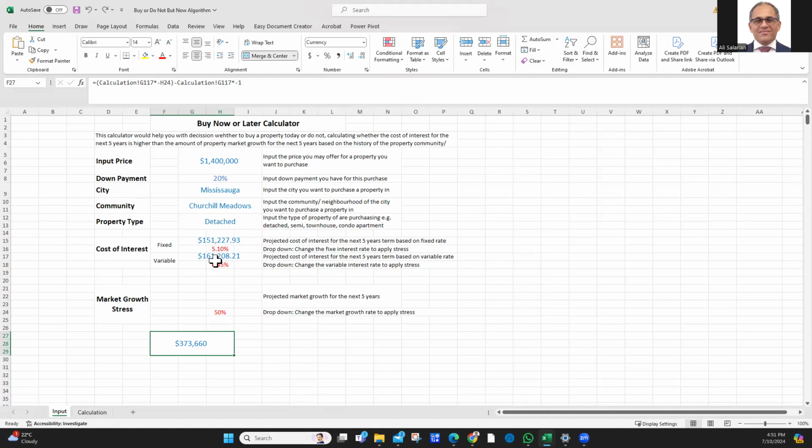You will notice the amount of interest you're going to pay for the next 5 years is less than 50% of the potential market growth, even with the 50% discount. So that gives you the answer on whether to buy now or later. Yes, buy now. And this is all based on data, projection, and a model, and it's mathematics.